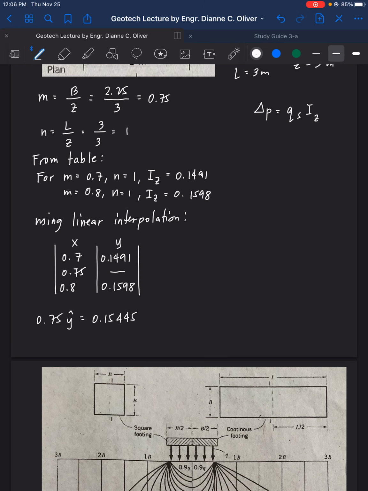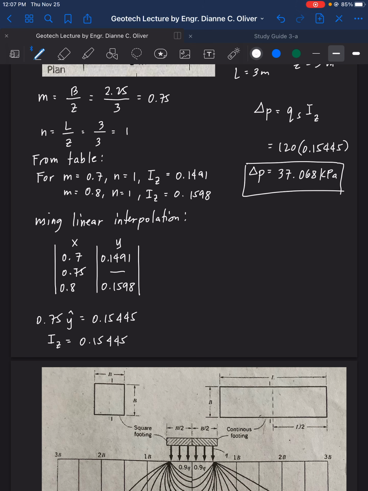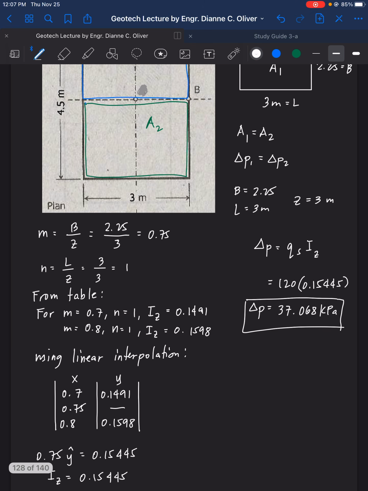Okay, so we were able to find I sub z equal to 0.15445. Substitute here, so 120 times 0.15445. So delta P is now equal to 37.068 kilopascal. Right? So that's for letter D.